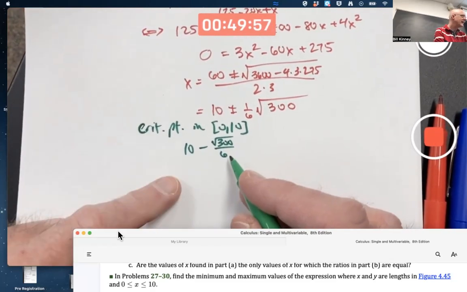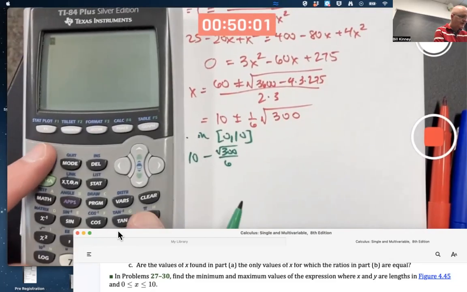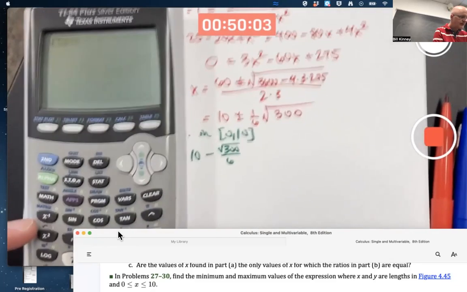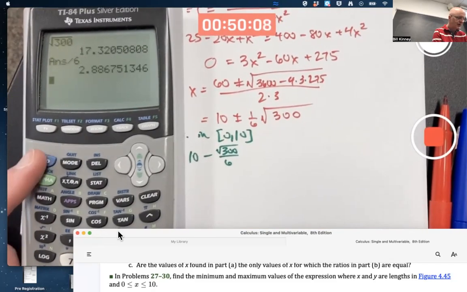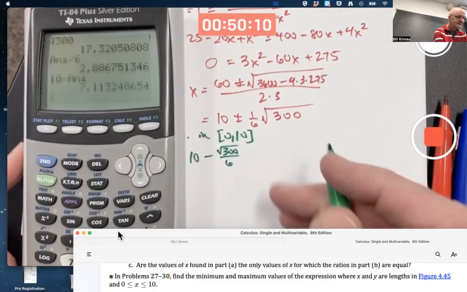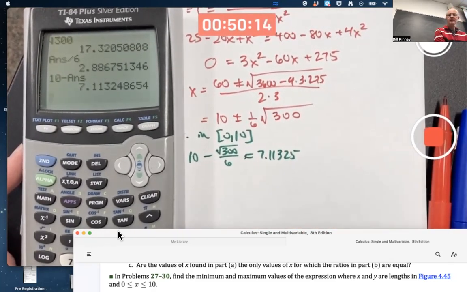Could you simplify that fraction? Yes, but I'm not going to bother. Square root of 300, about 17.32, divided by 6, subtract that from 10. It's about 7.11325.